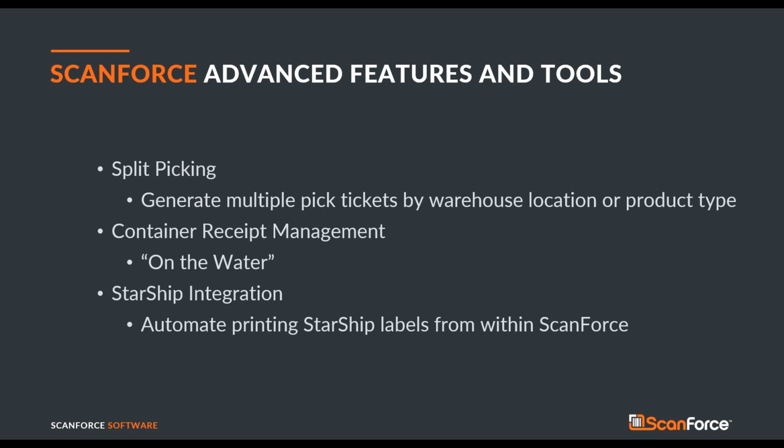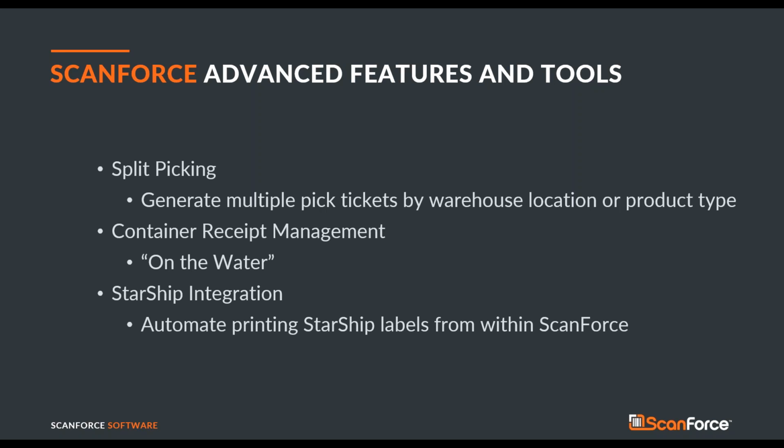Now, Starship, that's probably a known quantity to some of you. They're another third party in the Sage 100 world, and they handle shipping labels. We've always interfaced with them. We send information to Sage, they suck it up into their system and print labels. But now we've cut out the middleman. We've developed an integration directly into Starship.